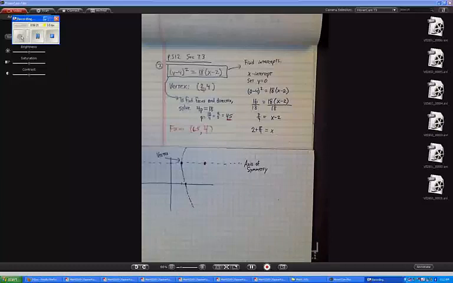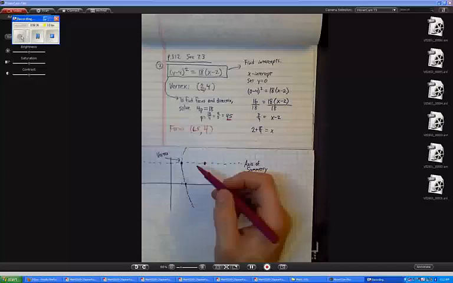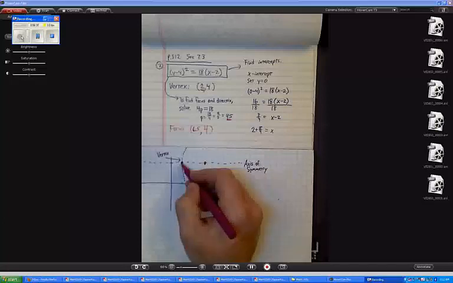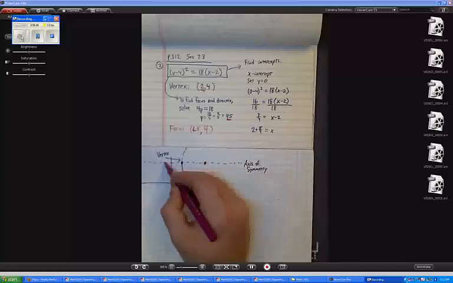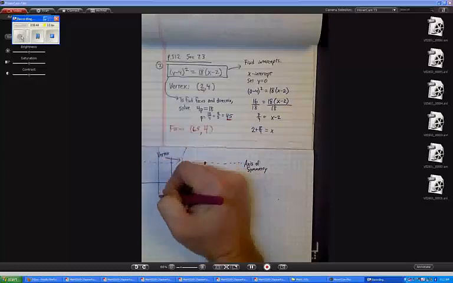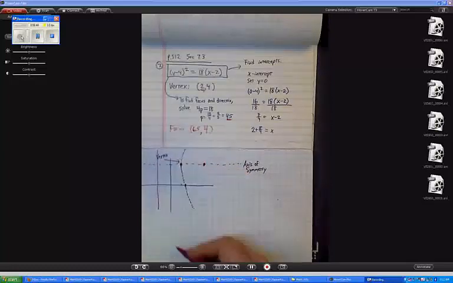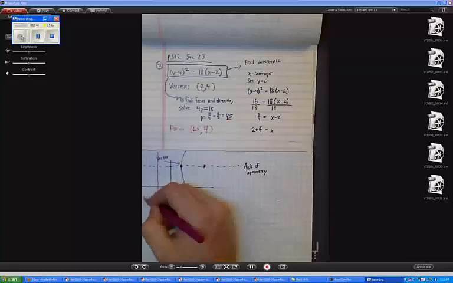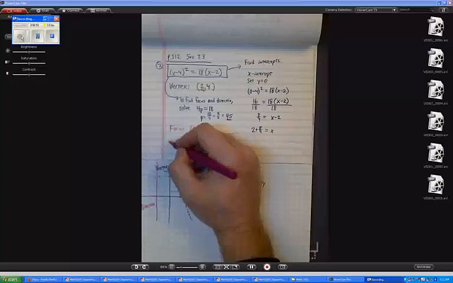Now, the directrix is going to be a line if we go back 4.5 in the other direction. 1, 2, 3, 4.5. This line here is the directrix. Okay? So I might ask again, what's the equation?